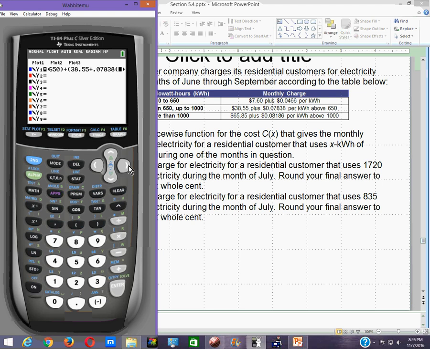Times my restriction, I'm between 650 and 1,000, right? So 650, second test, less than, choice number 5, x, second test, less than or equal to 1,000.